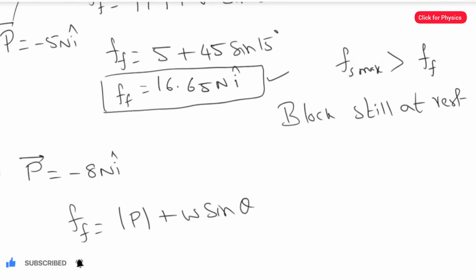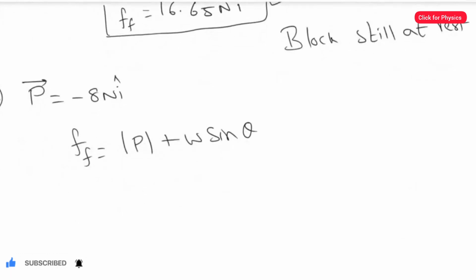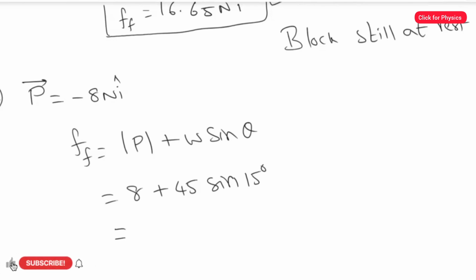The magnitude of P is 8, plus 45 multiplied by sine of 15 degree. Let's see what the answer is. I got the answer here as 19.65.